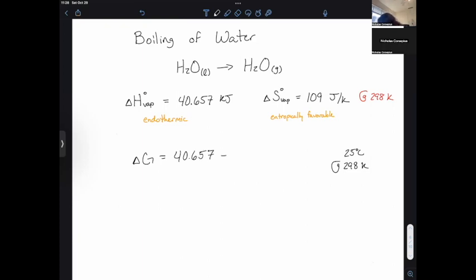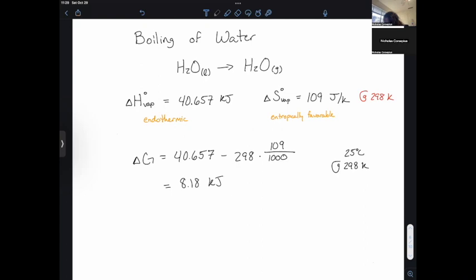We're going to take our temperature, the 298 Kelvin, multiply it by that entropy, but again, make sure to divide that entropy value by 1,000 so that we can get our units into kilojoules. And so if we do this, we see that our delta G is 8.18 kilojoules.